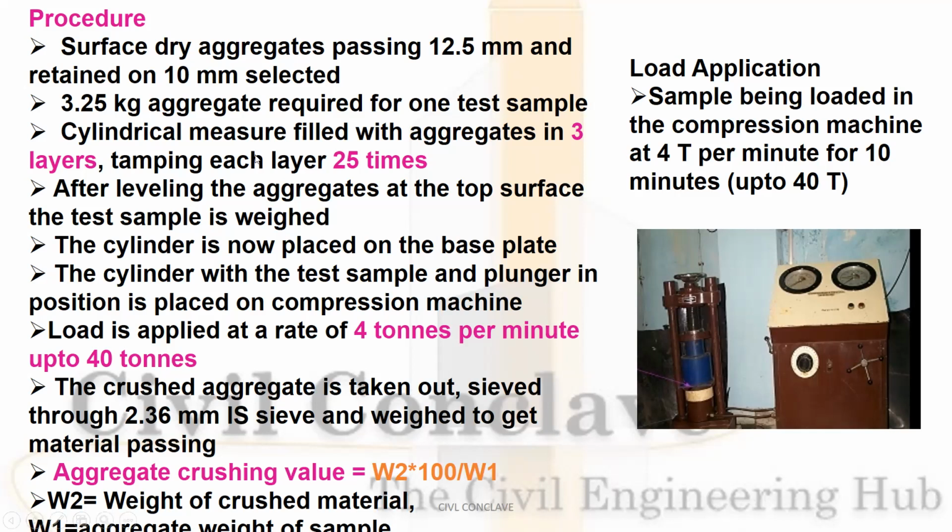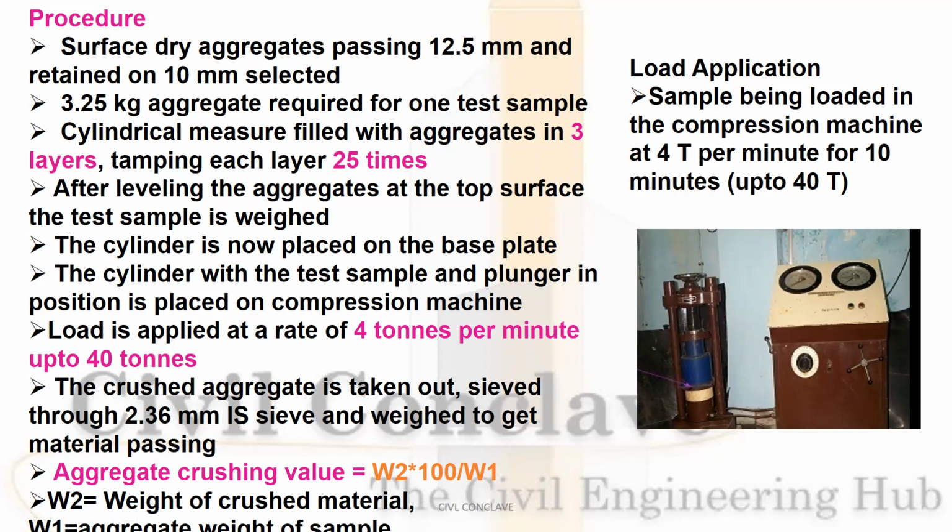After leveling the aggregate, the cylinder with the test sample has to be weighed. The cylinder is then placed on the base plate. The cylinder with the test sample and the plunger in position is placed on the compression machine. Load is applied at the rate of 4 tons per minute up to 40 tons.